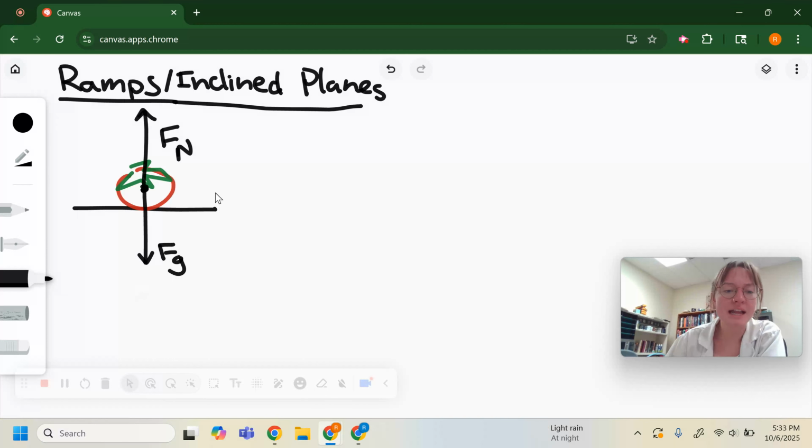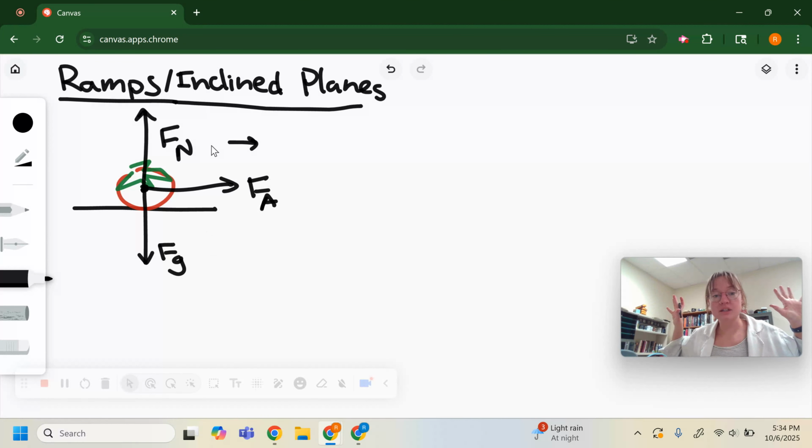And then if I said, hey, if this tomato is sliding this way, what other forces would you draw as it slides and gradually slows to a stop? A lot of students want to say there's an applied force going this way, but that is not correct. There is an applied force as long as you're pushing the tomato.